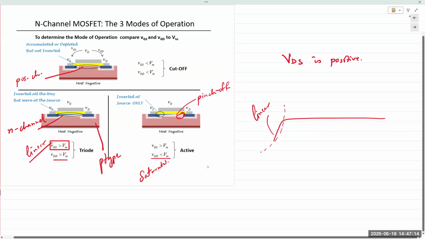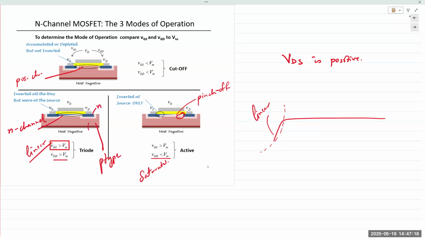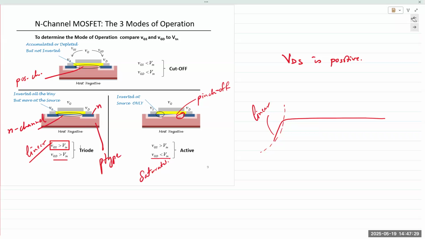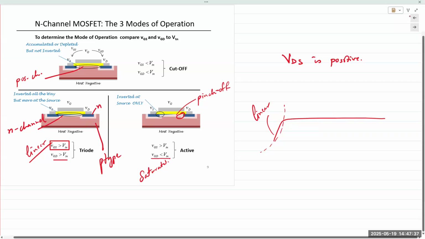However, what happens when you apply, this is N-type, this is P-type, right? If you apply a positive voltage at the drain with respect to the source, we are also reverse biasing this junction right here. And because we are reverse biasing, the depletion region right around here keeps on increasing.